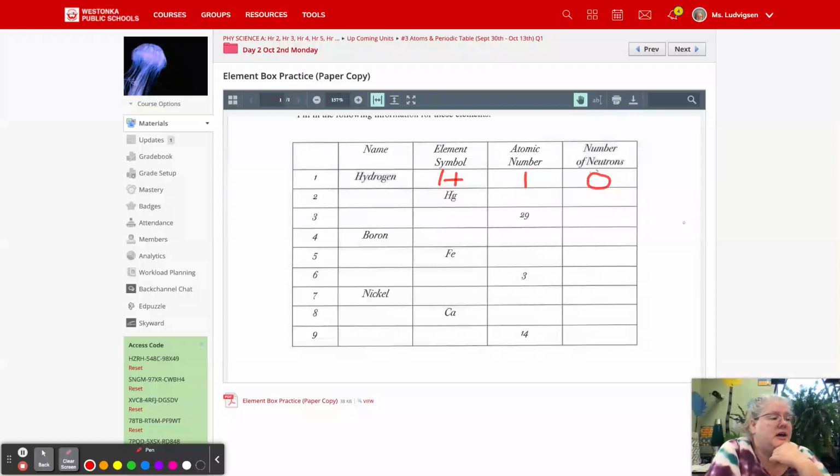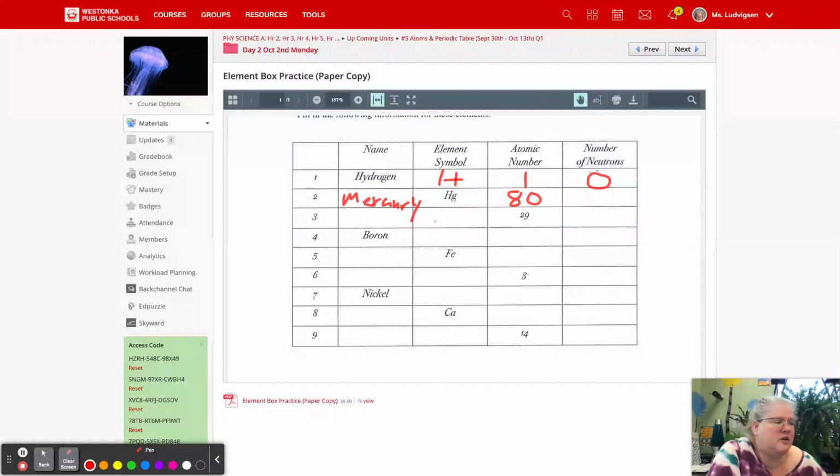Hg. Now you need to go find that on your periodic table. Hg is also known as mercury, and it is number 80 on the periodic table. So its atomic number is 80. We're going to fill that in there. Hg, when you found that, is mercury, so you're going to fill this in as mercury. Not the best writer on this, apologies for that.